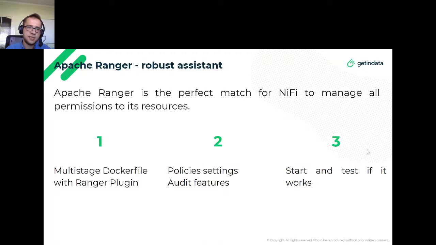The next thing is about managing access, because everyone loves security, and well, it's required to manage permissions for each user to each pipeline, especially when we talk about the production grade complex pipelines, which are responsible to process a lot of data from different data sources. So Apache Ranger is well known in the Hadoop world.